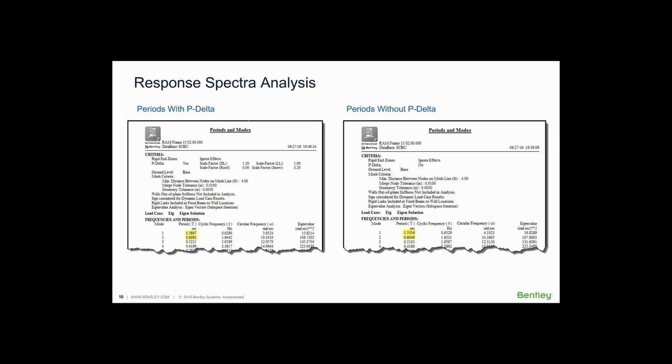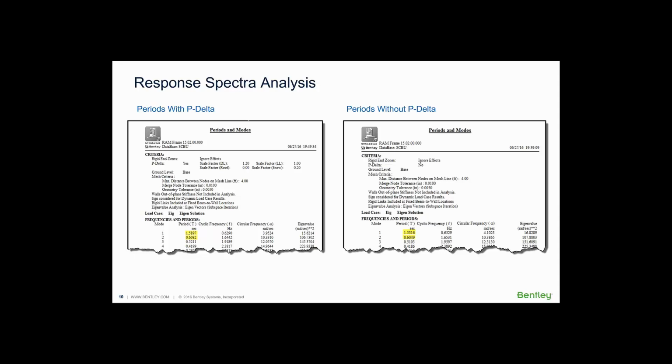So if your software does the iterative approach, then when you go to do response spectra analysis, you have to run it without P delta. But if you run it without P delta, you're going to end up with incorrect periods.